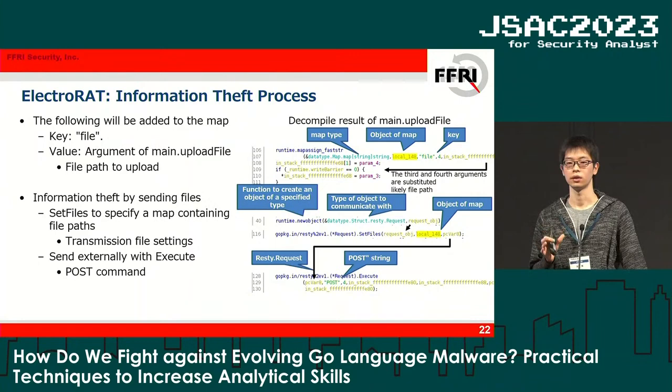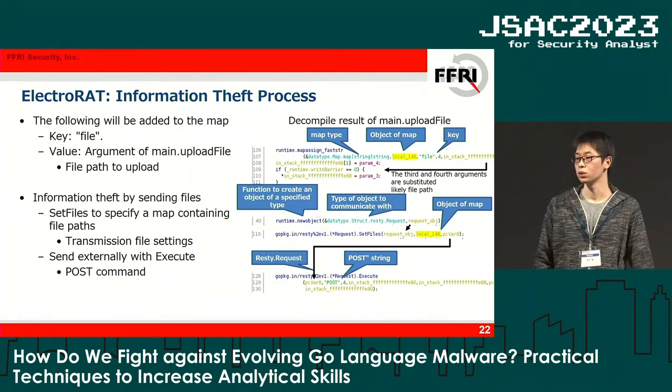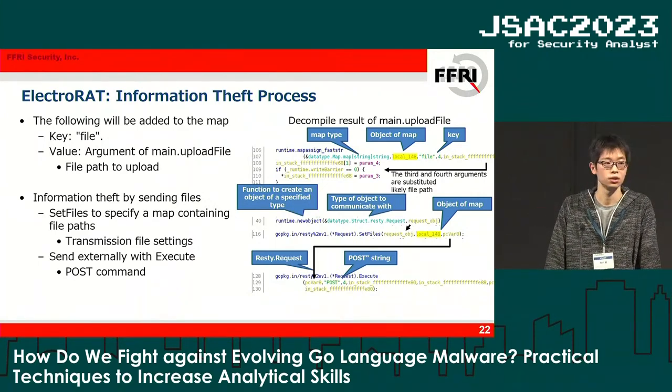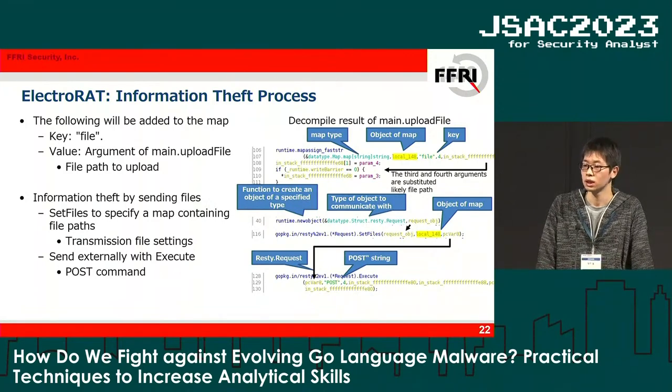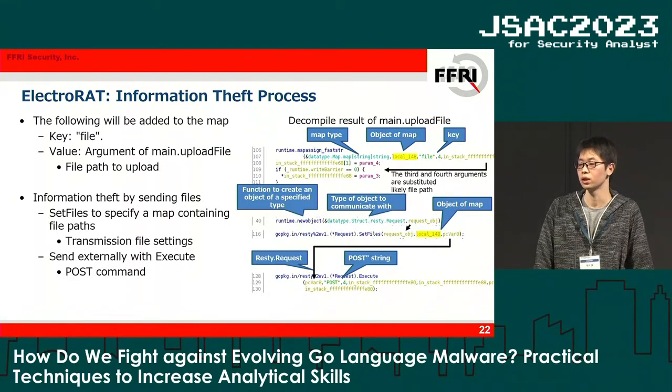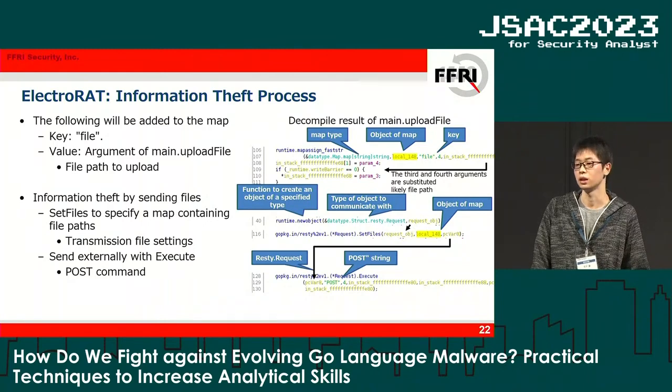We don't know the argument type, so we look at the map type. The first argument is a string, and then you get the key and the value. We know that both are strings, so what is allocated here is probably an upload file path, according to our assumption.